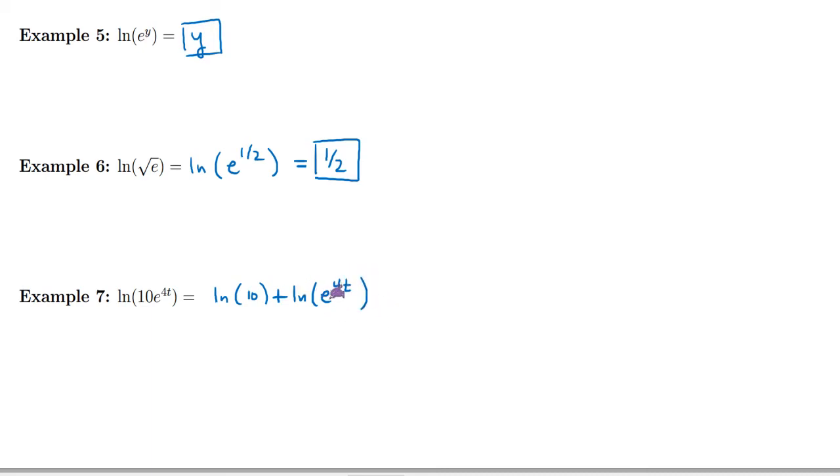So natural log of 10, you can use your calculator to approximate this, and it looks like this is 2.3026. And natural log of e to the 4t, natural log and e are inverses, so I'm just going to get that exponent of 4t. So this is our answer for this one.